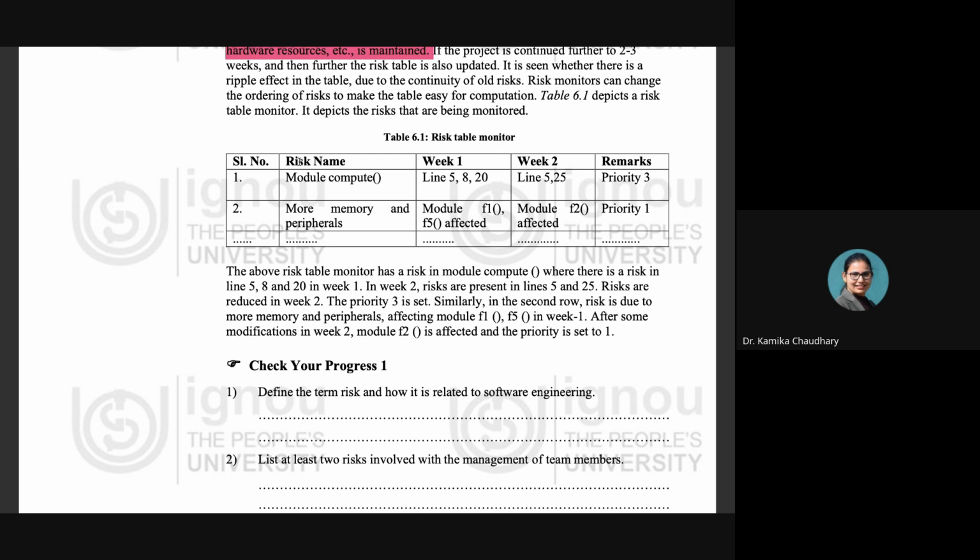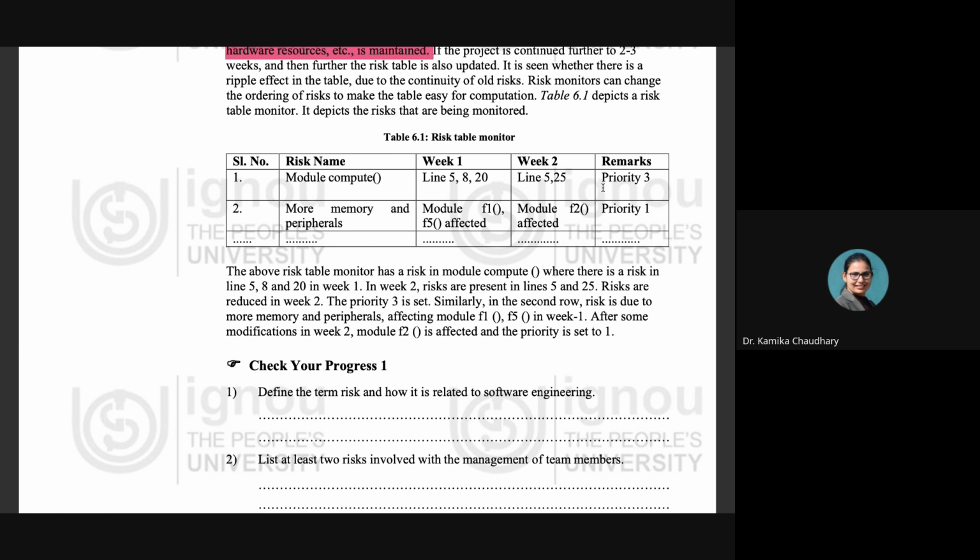For example, the name of the risk is module compute, right? Week is week 1, and the line numbers in which the risk can arise in the code are line number 5, line number 8, line number 20. Then when week 2 comes, it has been seen that the risk has come on line 5 and line 25, and there is a priority that is given to this risk.